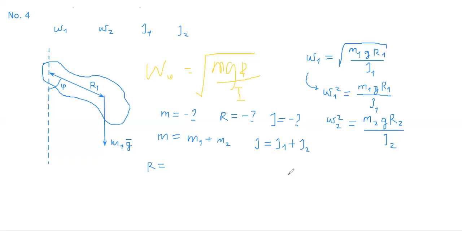How to find the center of mass. Maybe I'll remind the formula. The radius vector of the center of mass is equal to the sum of m_i r_i divided by the sum of m_i.